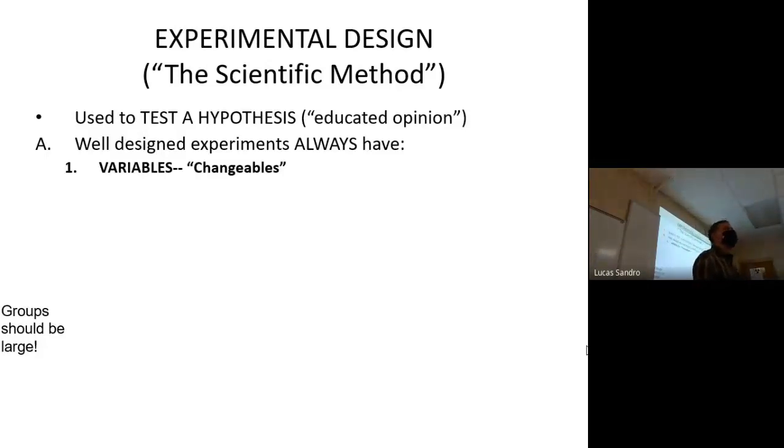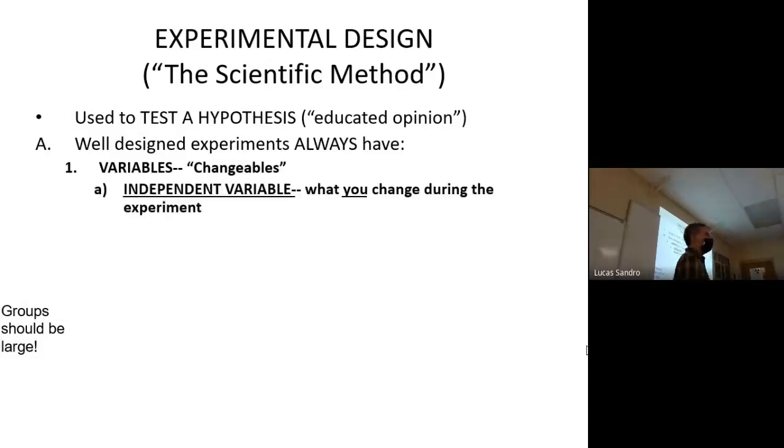What do we call the thing you change on purpose? Independent. Good. Independent is the most common name for it, the independent variable. Some of you have learned different terms for it. Some books call it the manipulated variable or the explanatory variable.